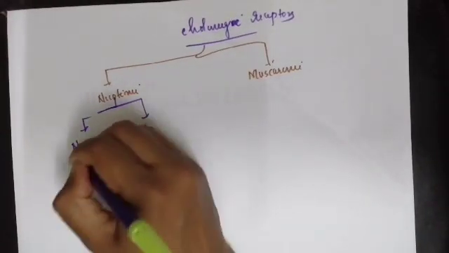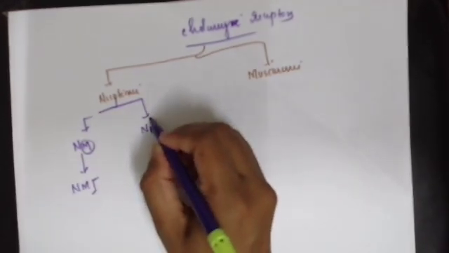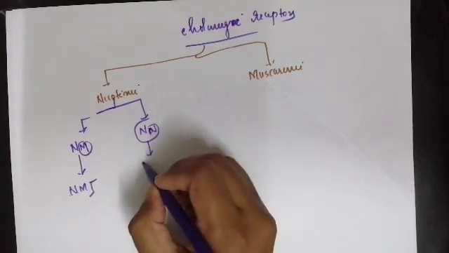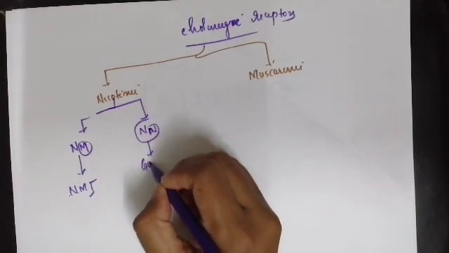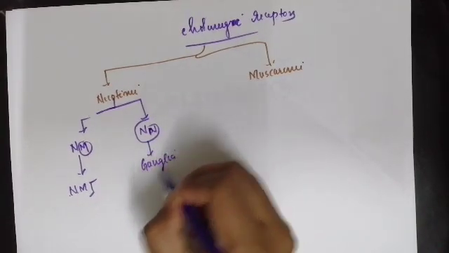NM stands for neuromuscular junction, so these are present in the neuromuscular junction, and NN type receptors are present in the ganglia and also the adrenal medulla.